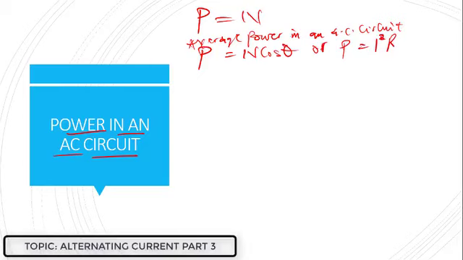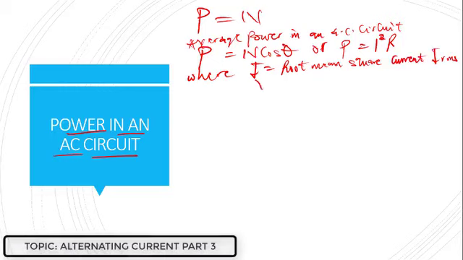P equal to I squared R, where I is the root mean square current, which is I RMS. And then we have V, which is the root mean square voltage, the RMS voltage.